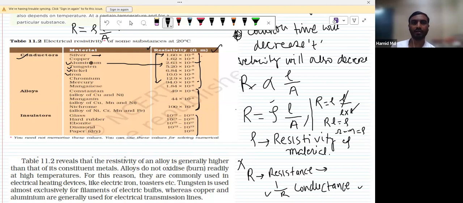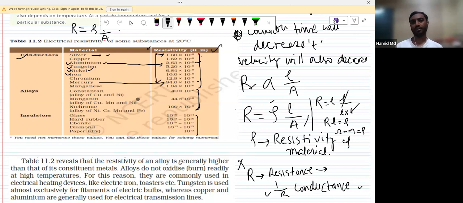It means that silver is a good material, but aluminum is less so in terms of utilization. Nickel is less than that. Mercury we use in our thermometer. See, it has 94.0 × 10^-8 resistivity.